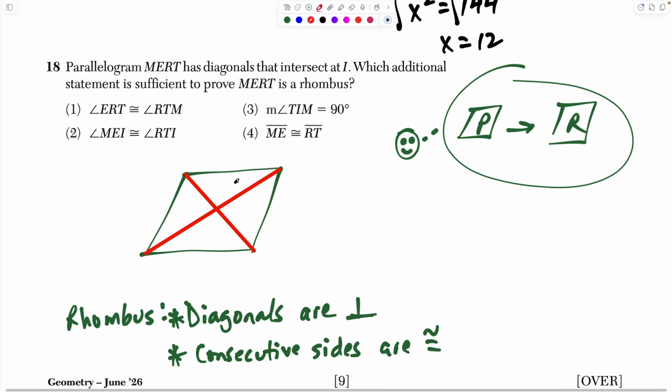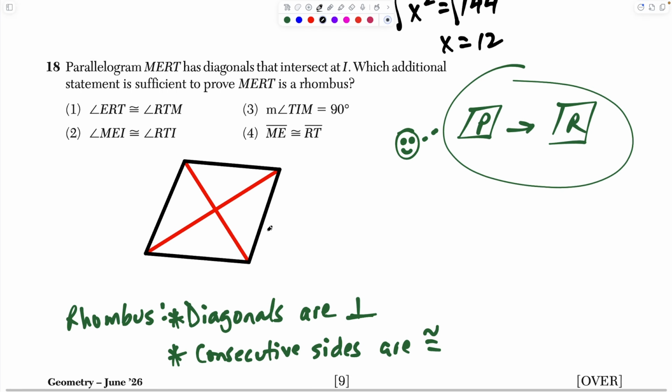Now, they might not be perfect right angles. So maybe I start off here with perpendicular diagonals like this, and then I could draw in my sides after. And I think we can see already this rhombus is looking good. Now remember, a rhombus is a parallelogram, so the diagonals also have to bisect each other. So that could be another way to help you draw out a rhombus as nicely as possible.